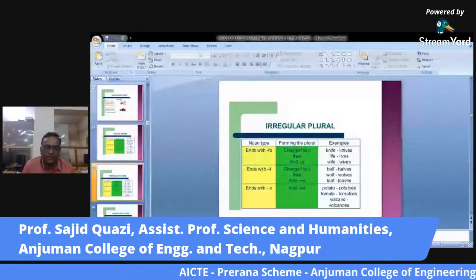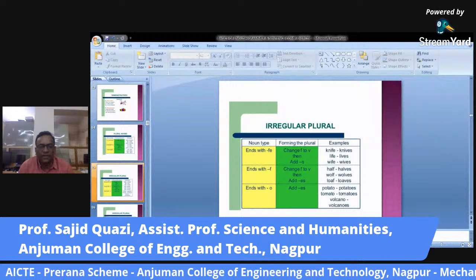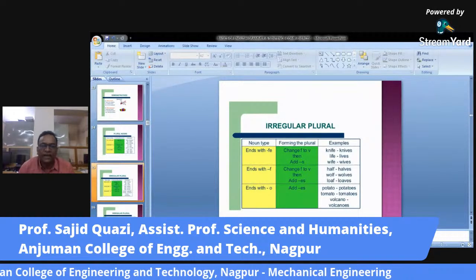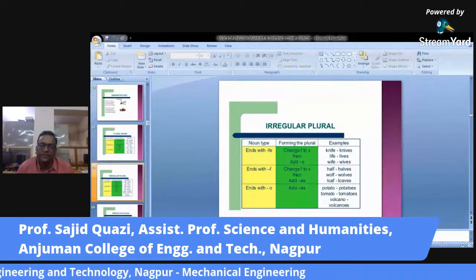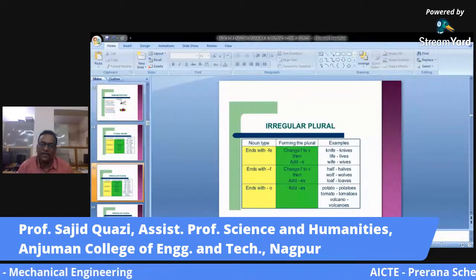Let's discuss irregular plurals. Here also the noun type, the way of forming the plural, and examples are given. Nouns ending with fe: change f to v, then add s. Remember, change f to v.